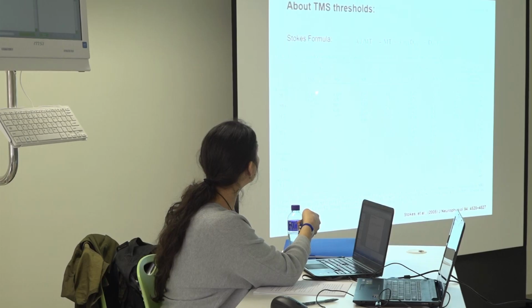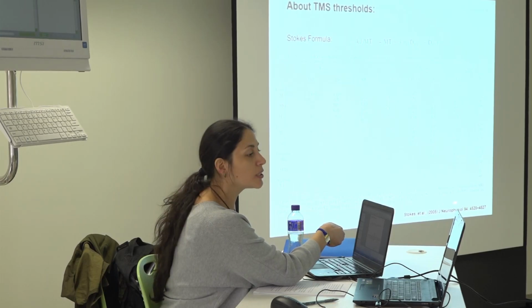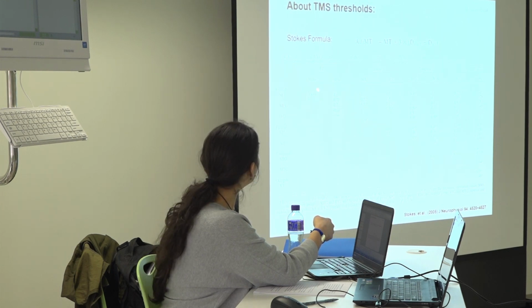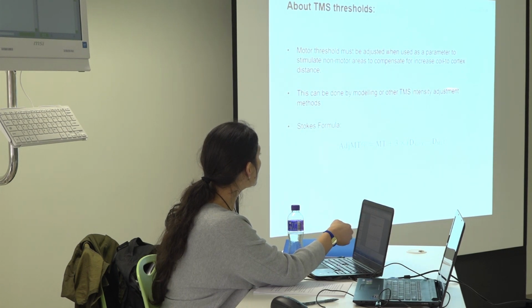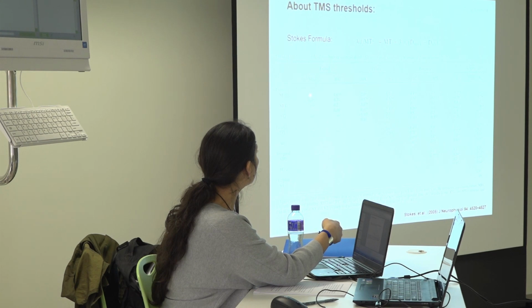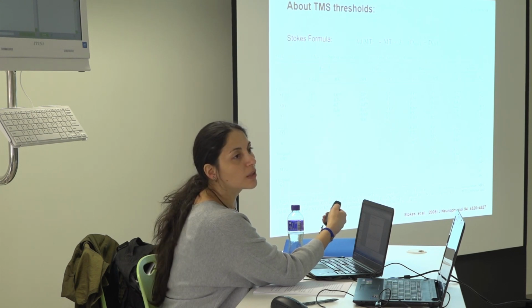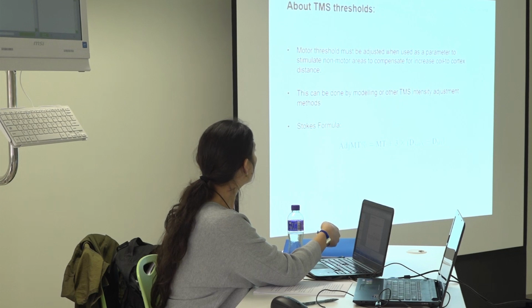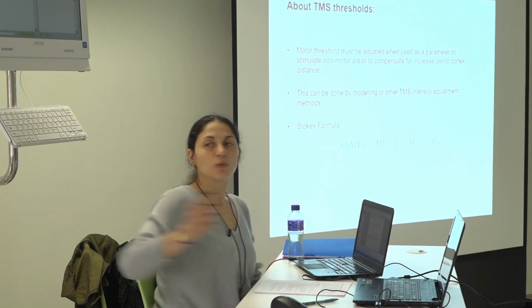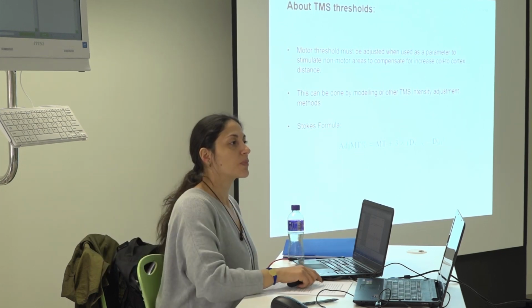I have here a table from the paper of Stokes. You have the reference here, you can check it. So here you have the difference between the different regions and M1, and what you just need to do is replace this value here with the value here, and then you will get a value that you will change in your stimulator.